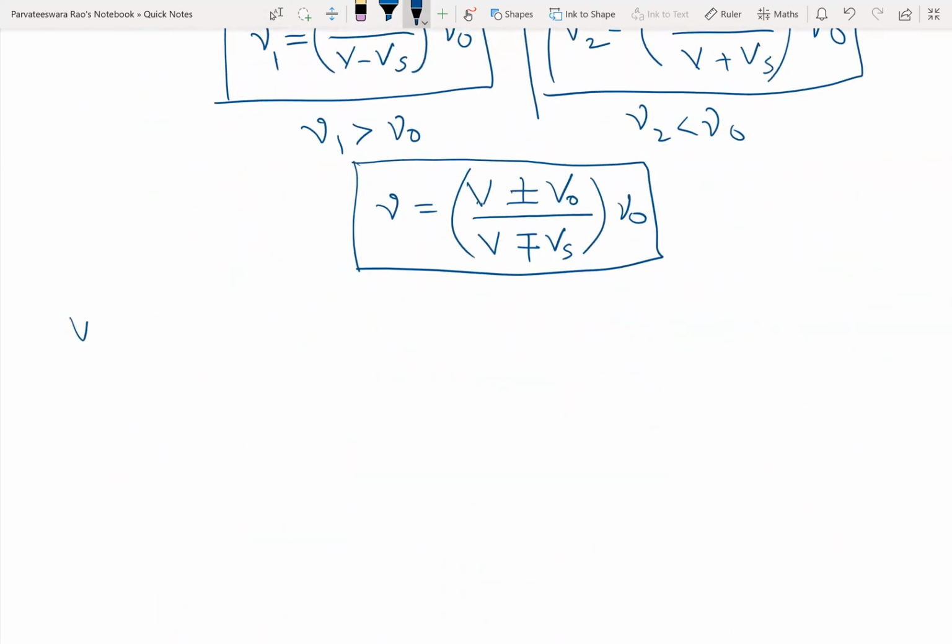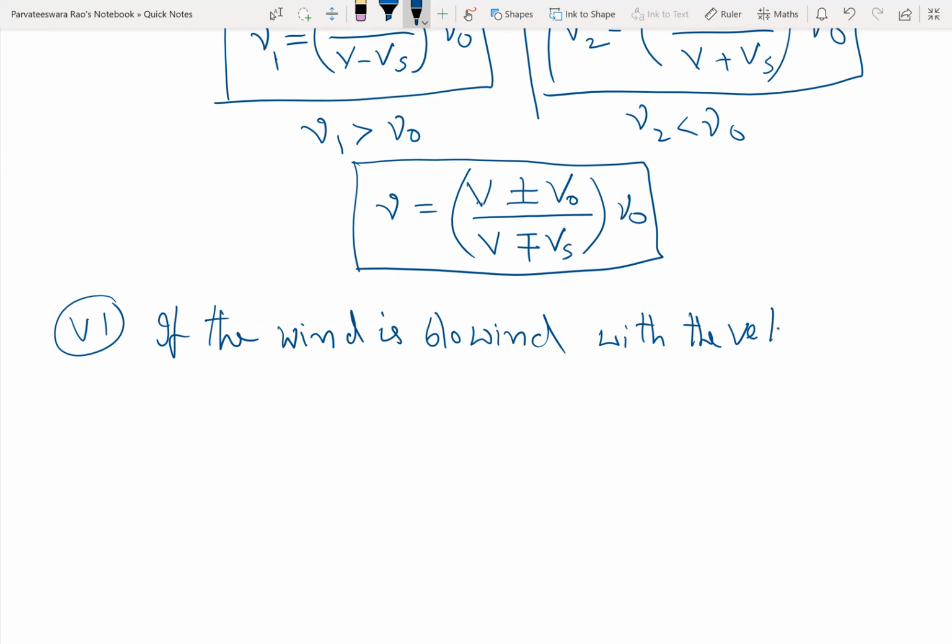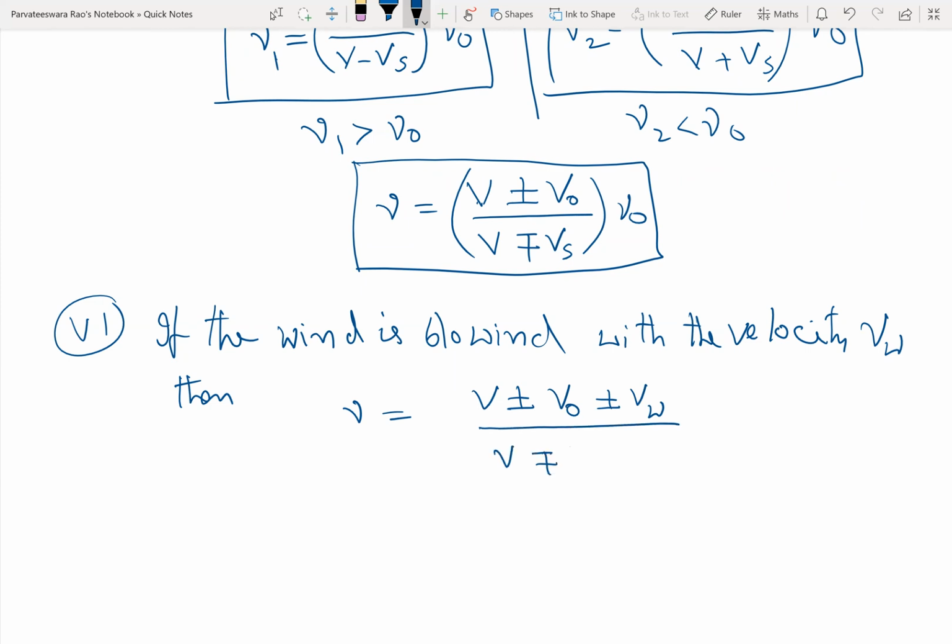Then, if the wind is blowing with the velocity Vw, then nu can be written as V plus or minus V naught plus or minus Vw by V minus or plus Vs plus or minus Vw into nu naught.